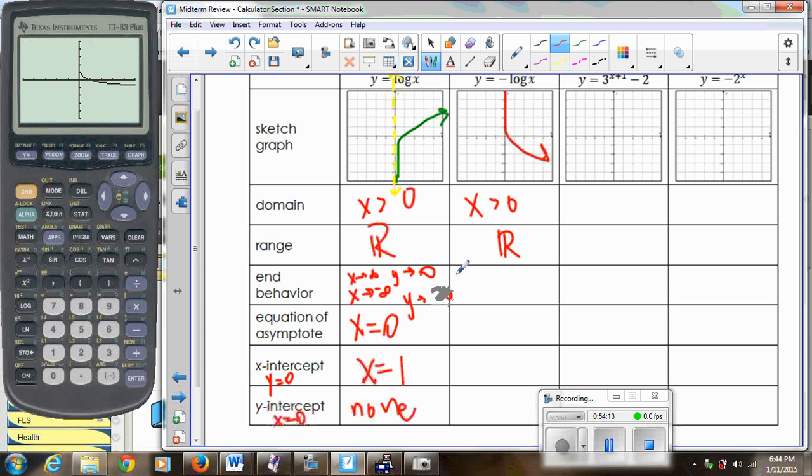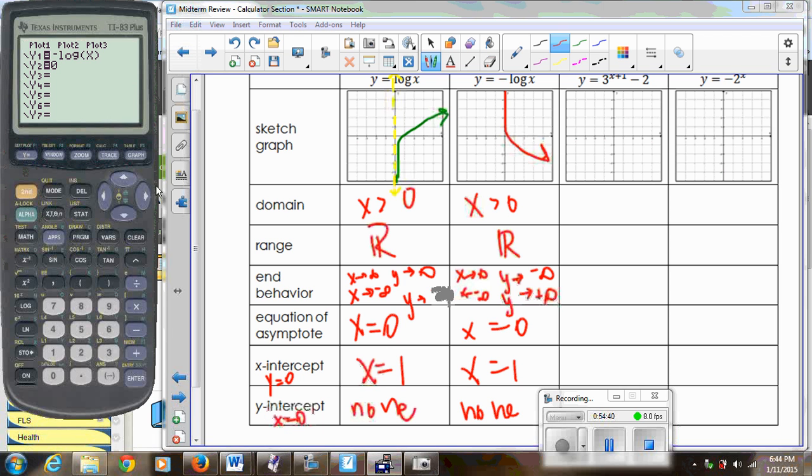This time, though, as x approaches infinity, y is approaching, sorry, negative infinity. As x approaches negative infinity, y is actually approaching positive infinity. The equation of the asymptote is the same. In fact, the x-intercept is the same, and there is no y-intercept. Okay?